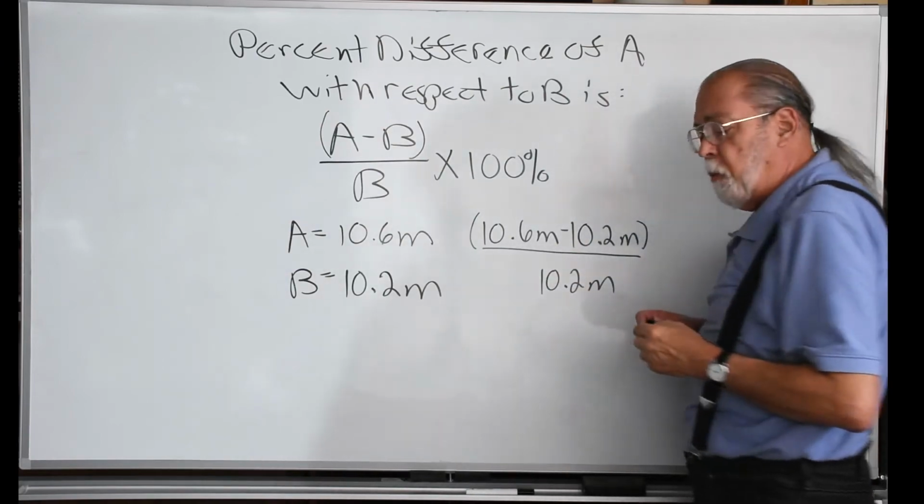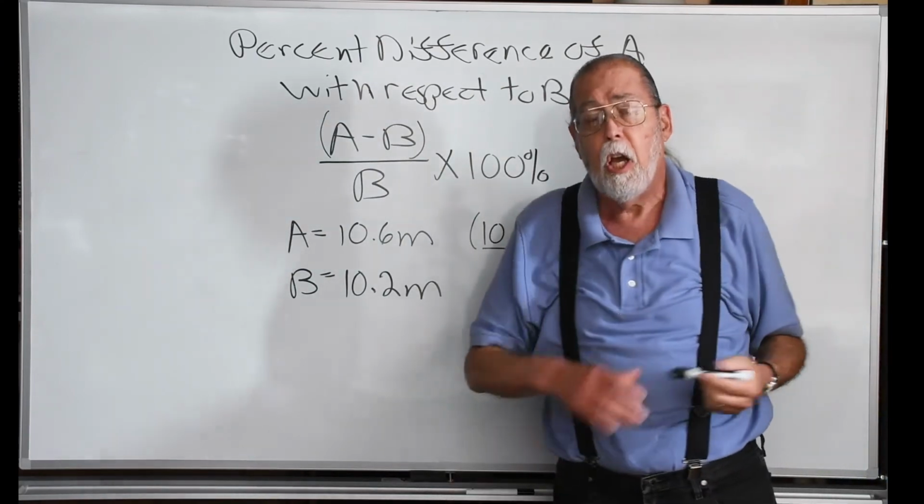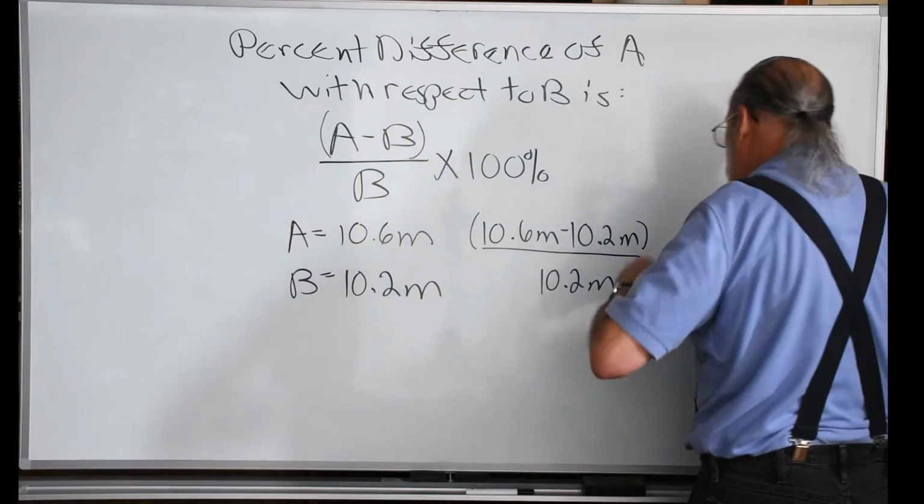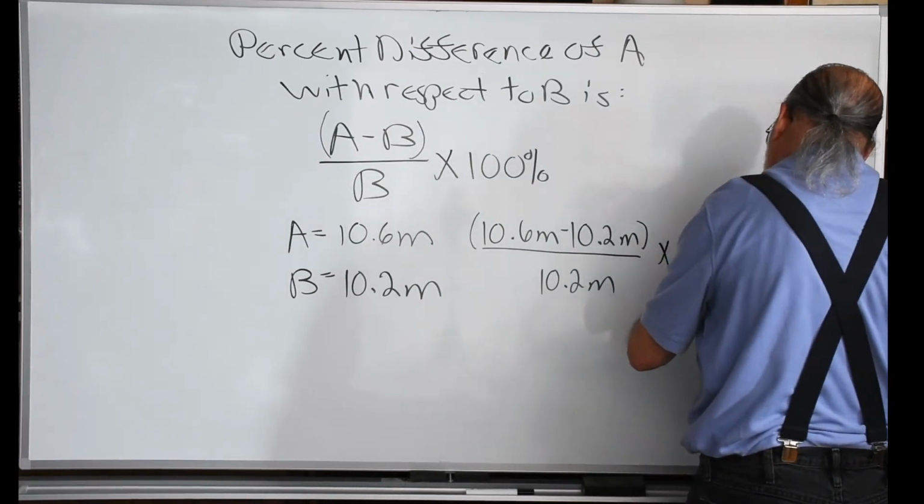If you don't include those parentheses, depending on your calculator, you might get an incorrect result, and then we multiply this by 100%.